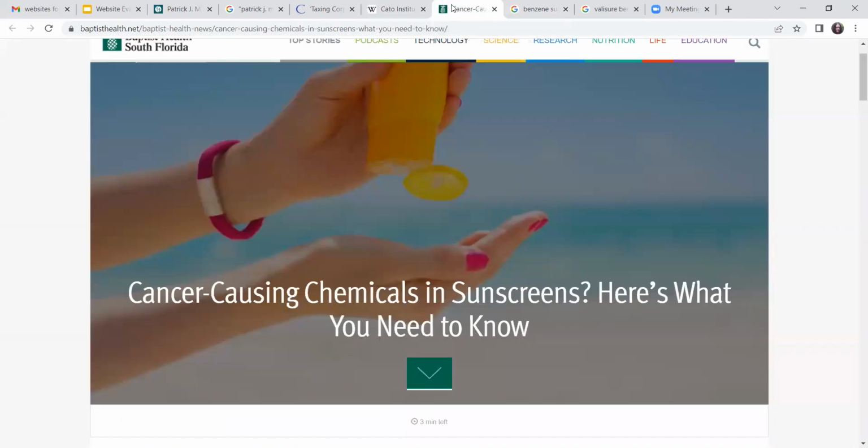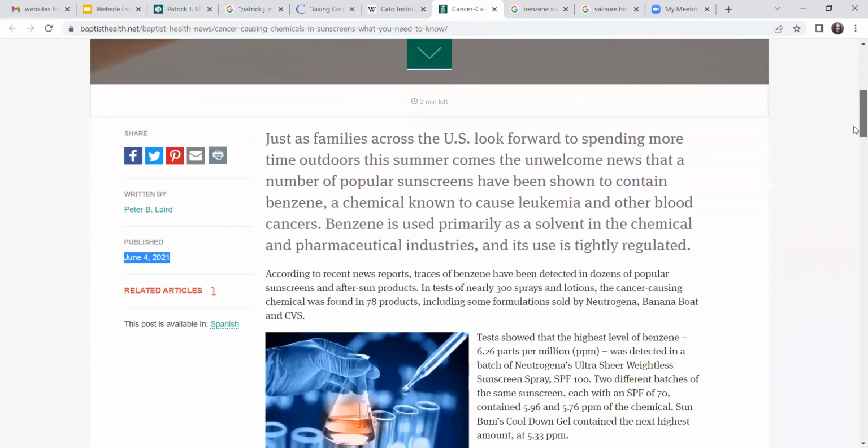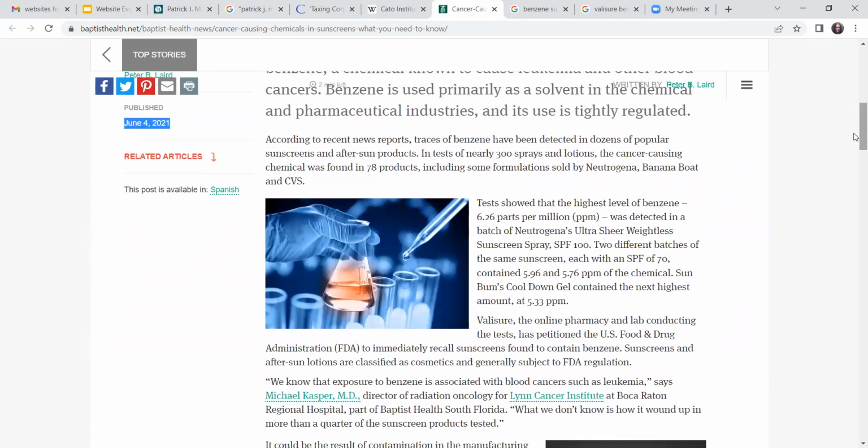Another thing is if there is research or an original source of information that the article is referring to, you want to try to find the original source of the information. So for instance, for this website, it's talking about Valley Shore, which was the online pharmacy and lab conducting the tests. And they're talking about a petition to the US Food and Drug Administration to recall sunscreens. So this was the original source of this information when they petitioned the Food and Drug Administration.